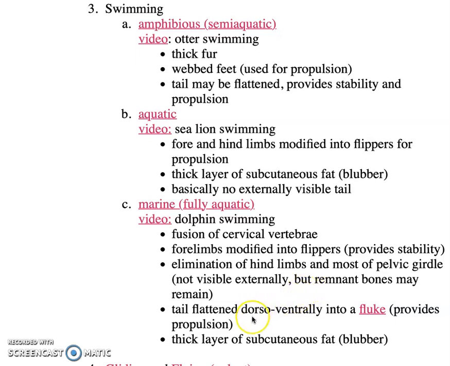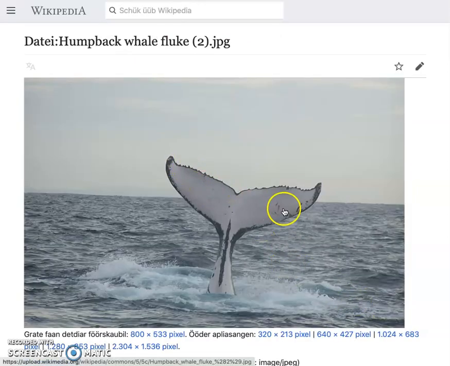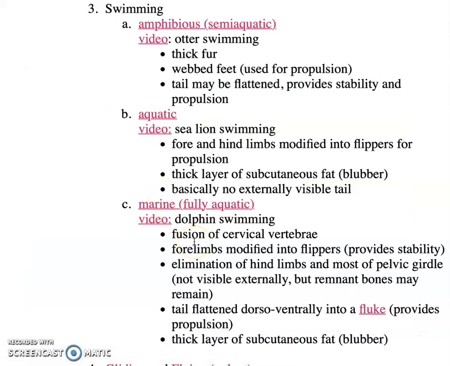And then the tail is flattened into a fluke like this that provides propulsion as the animal's moving through the water. So it's like an engine or a motor that's in the back of a boat pushing it through the water. They also have a thick layer of subcutaneous fat, also called blubber, which serves the same function as in aquatic species.